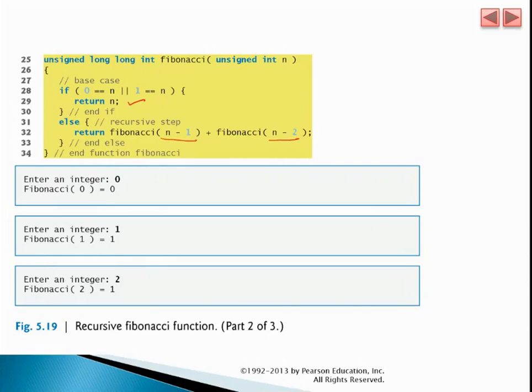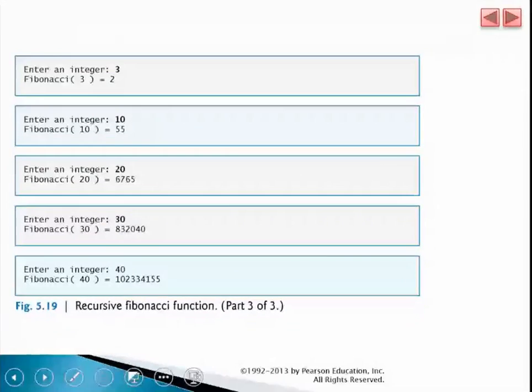So for 0 it will return 0, for 1 it will return 1, depending upon the value of the integer. If somebody says 2, that is at the second position, it is the sum of the first and zeroth numbers, so it will return 1. If we say 3, then we will return 2, and so on and so forth.